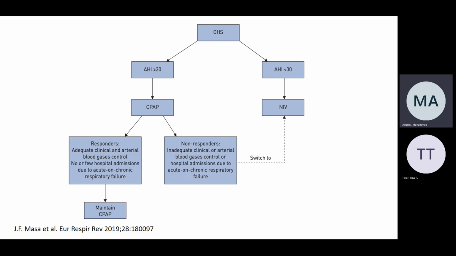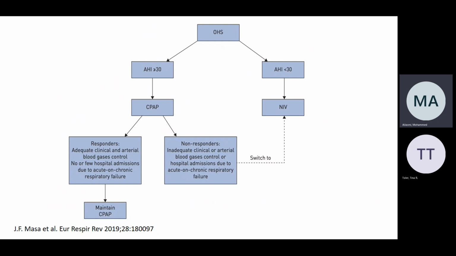because, as I told you, they have obesity hypoventilation because of other problems: the blunted response to ventilation, leptin resistance, or significantly impaired lung mechanics where you need some sort of pressure support and NIV to help. CPAP alone is not going to fix it. So if you have more than 30, you go with CPAP.